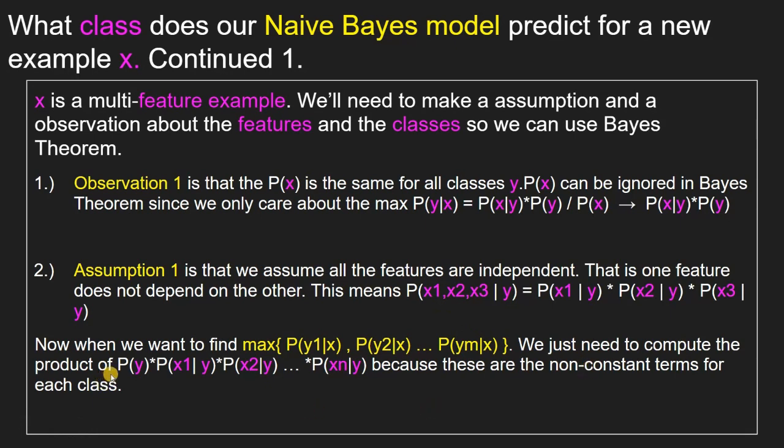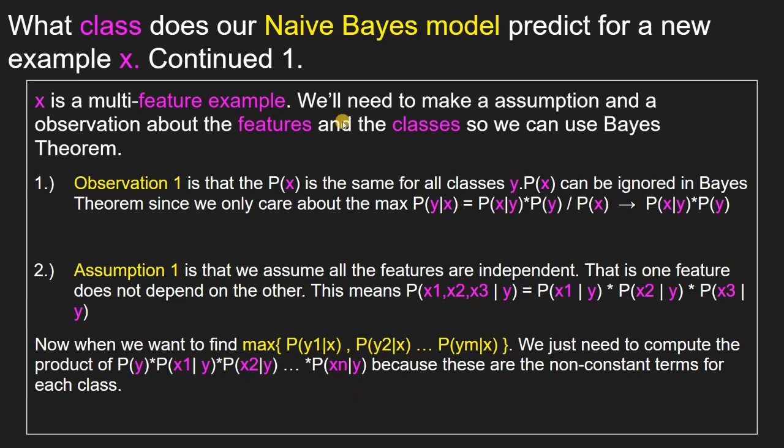We just need to compute the product of the probability of observing class y, times the probability of observing feature x1 given y, times the probability of observing feature x2 given y, times the probability of observing feature xn given y. We just need to compute that product because these are the non-constant terms for each class. I hope that makes sense, and we'll do an example on the next slide.